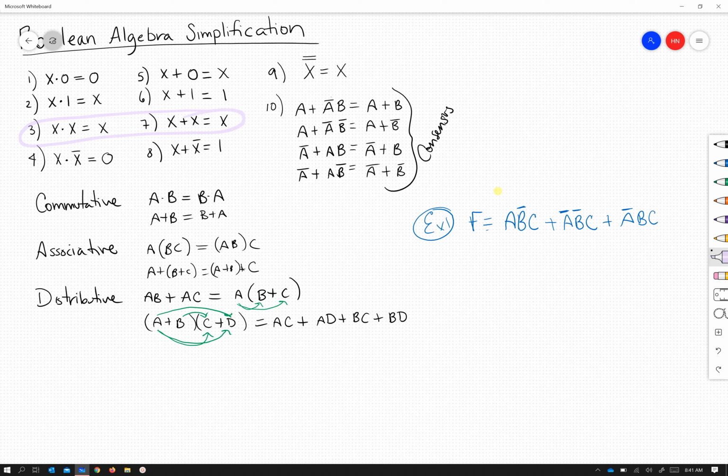If you have doubles of something either anded or ored, it's going to simplify. Also look for opposites. If you have opposites anded or opposites ored, it's going to simplify. And number 9 is pretty easy to spot: if you see a double inversion, you can cancel it.